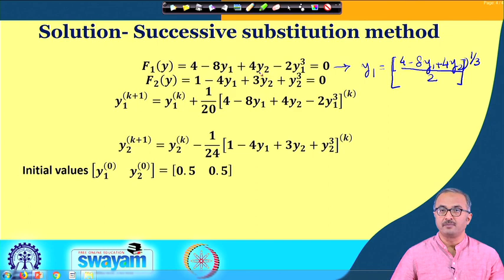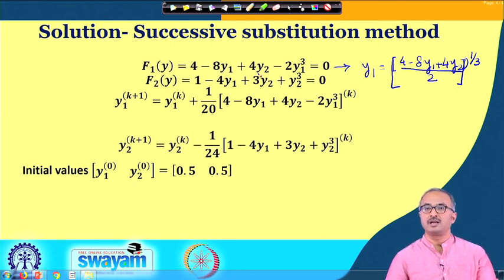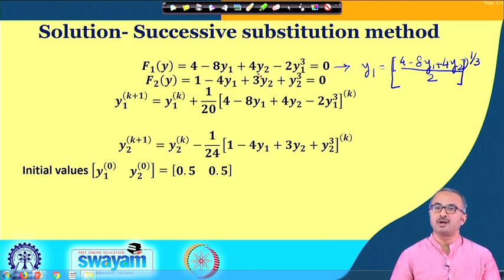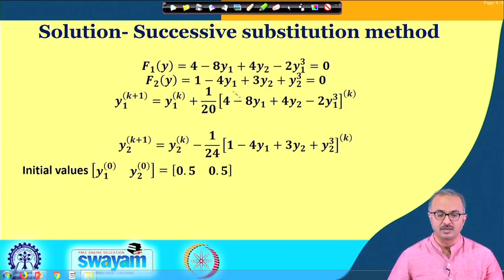So, there may be multiple ways of choosing the expressions for y1 and y2 from a given set of equations, and in my lecture I have also given some condition so that we are going to have convergence, so that we do not have the instability problems in the solution. And with this particular given choice of y1 and y2, what we are going to demonstrate is how we can proceed with the solution.